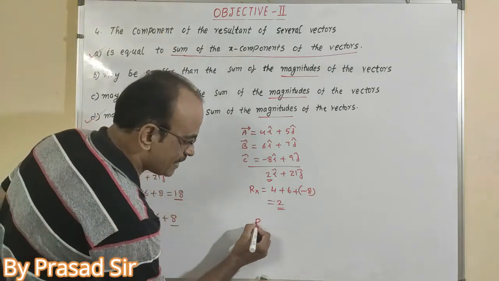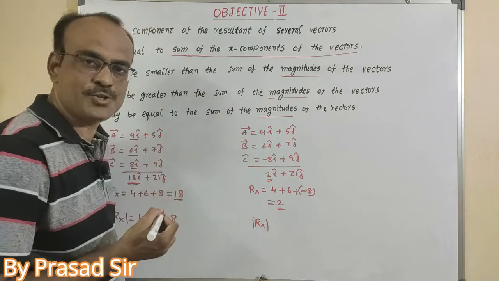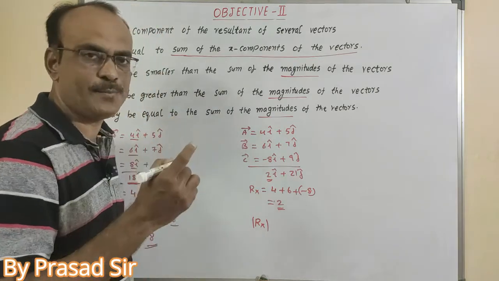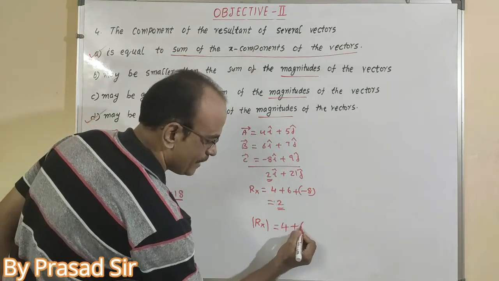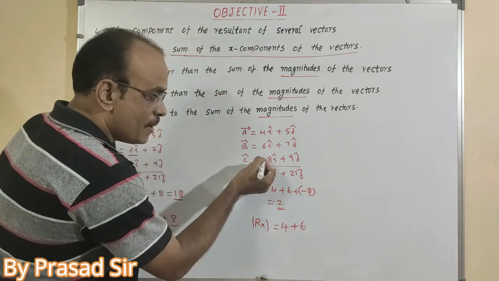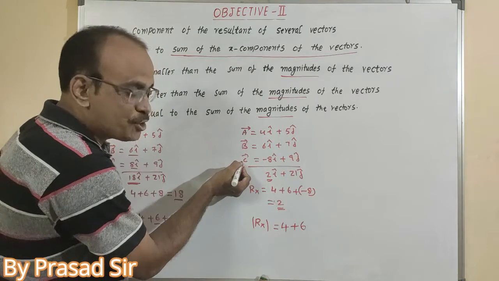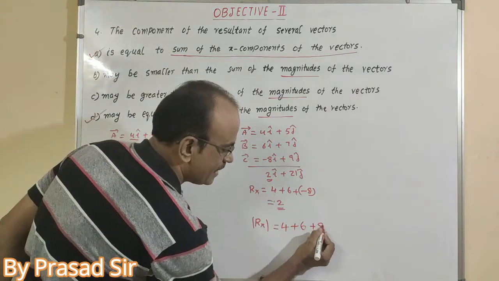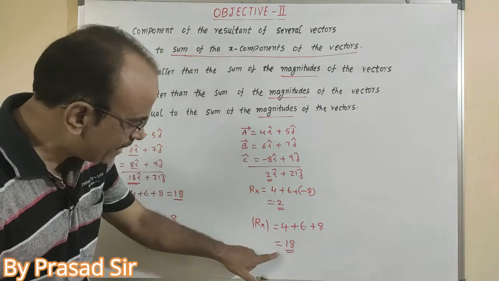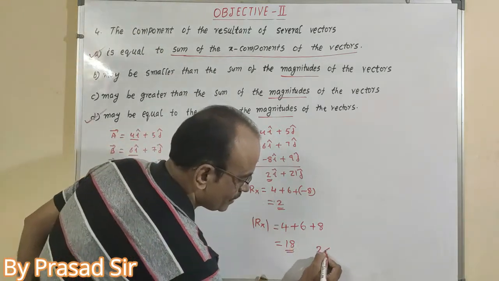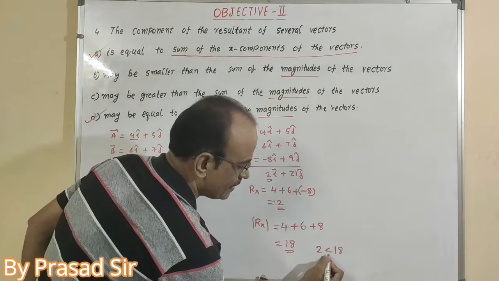But magnitude is required. So the Rx magnitude is nothing but, remember, this is a very, very important one: 4 plus 6. Here the modulus, that means the magnitude of C, we will get plus 8 only. So how much answer are we getting? 18. So that's why 2 is less than 18.